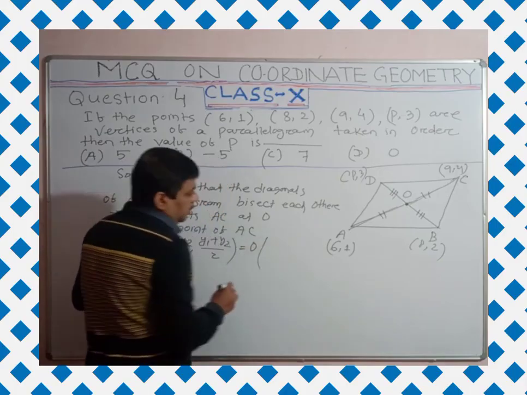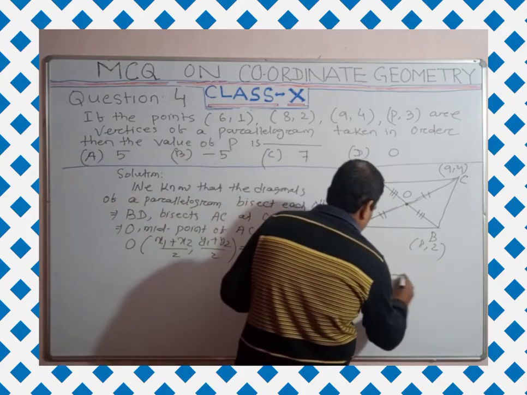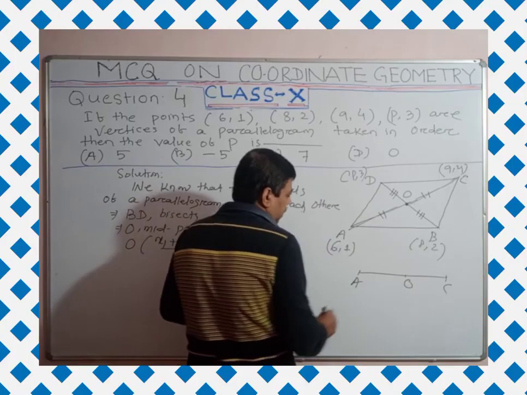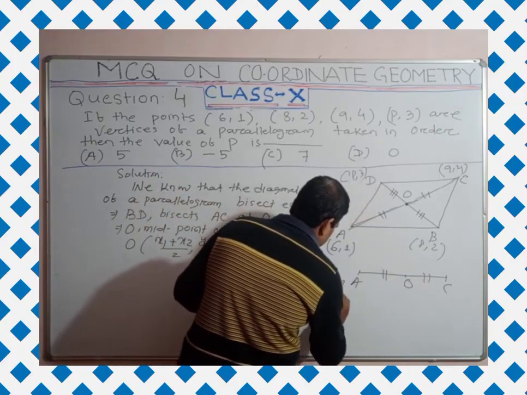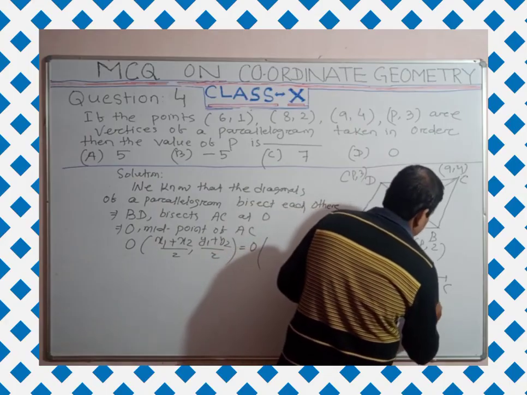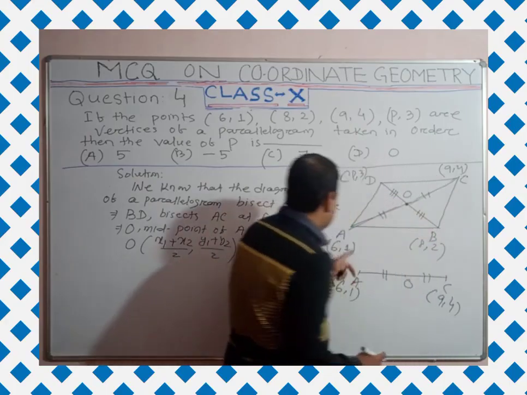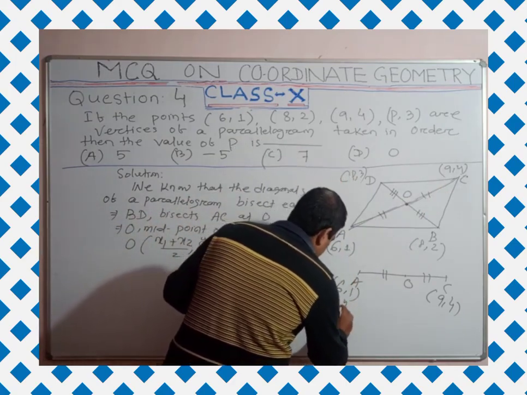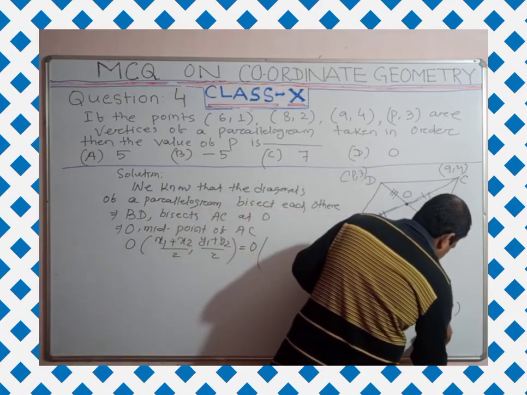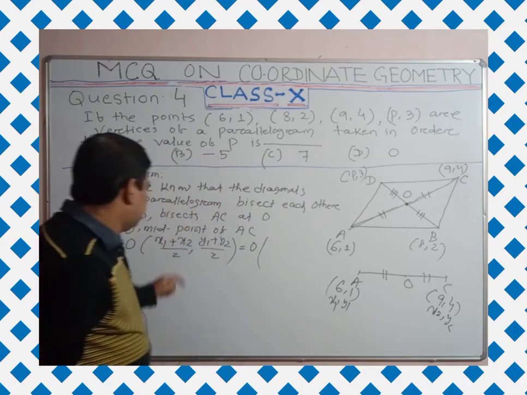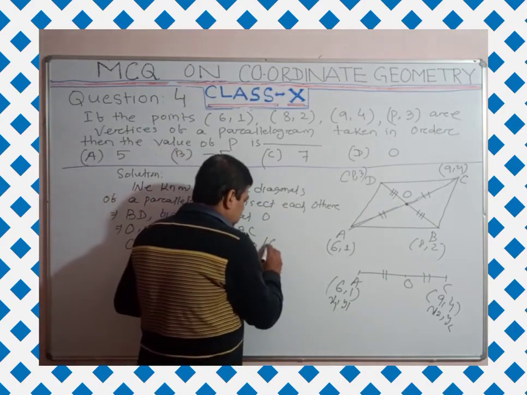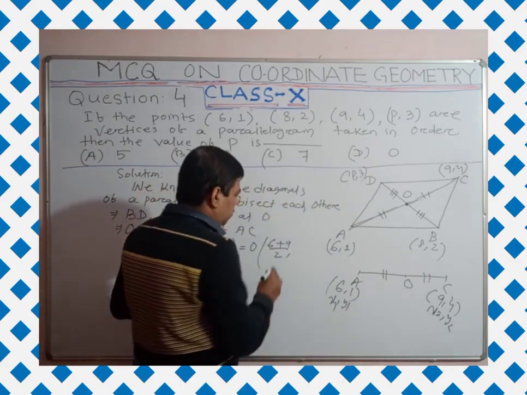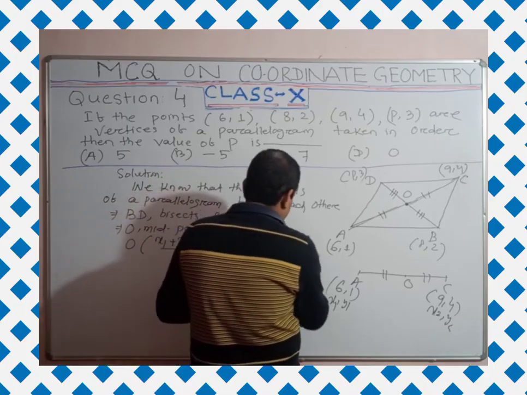And that is equal to, here AC is the diagonal, and O is the midpoint. AO is equal to CO. The coordinate of A is (6, 1) and the coordinate of C is (9, 4). Look carefully. So this can be considered as x1, y1 and this as x2, y2. So x1 plus x2: in place of x1 I write 6, x2 value is 9, by 2, and y1 value is 1 plus y2 value is 4, by 2.